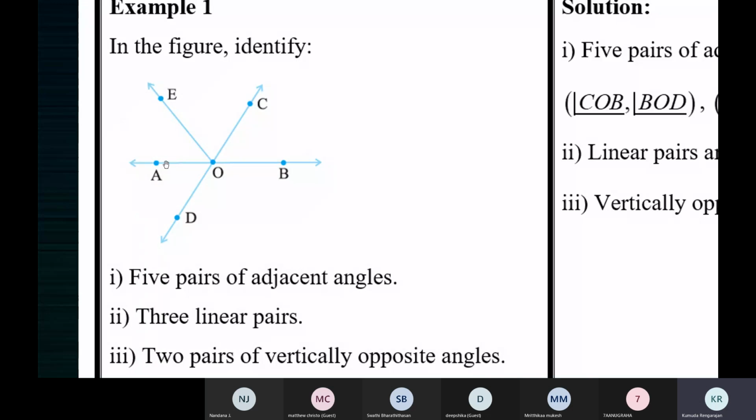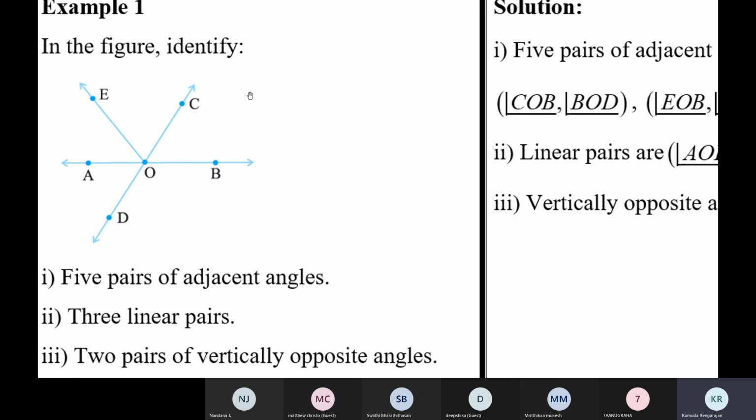On the same straight line, we have point A, point O, and point B. These 3 points lie on the same straight line. So A, O, and B are collinear points. Similarly, D, O, and C are collinear points because they lie on the same straight line.